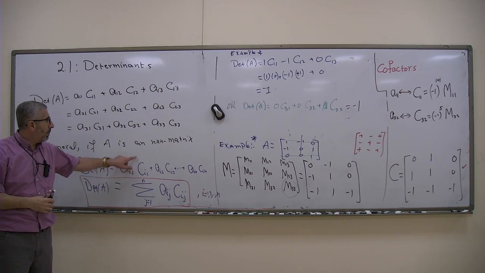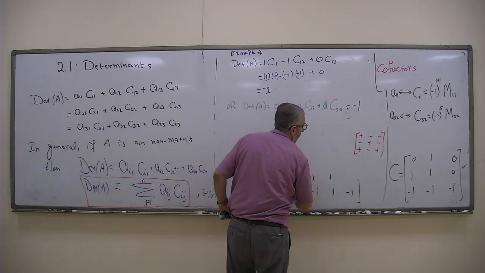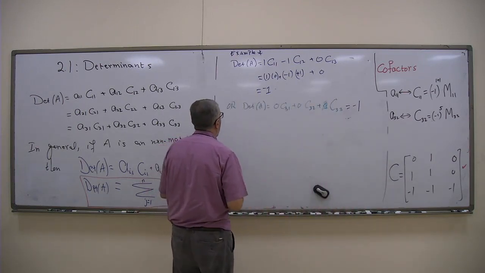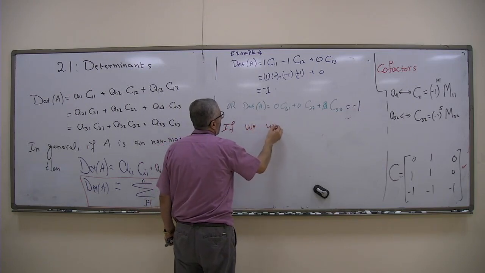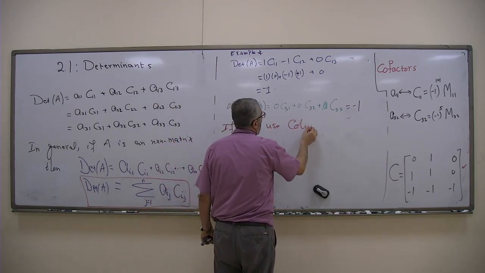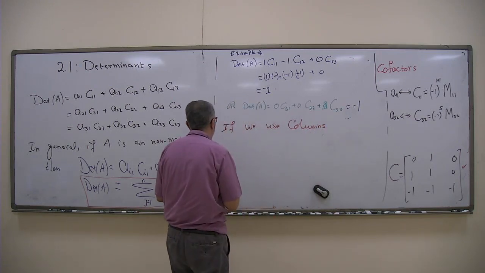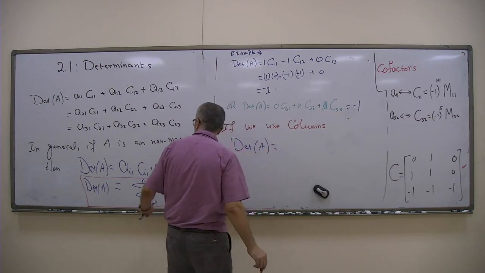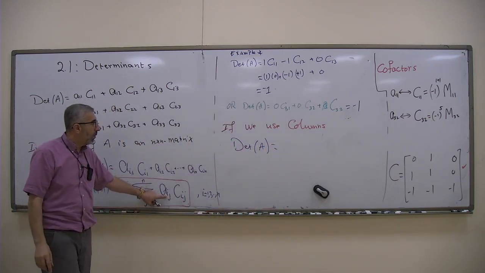And use it. If you want to use columns, this formula becomes what? If we use columns, the determinant of A, instead of running this summation over j, you have to run it over i.